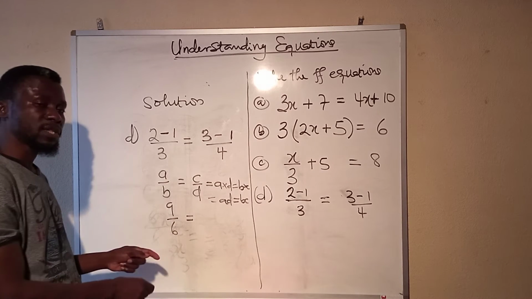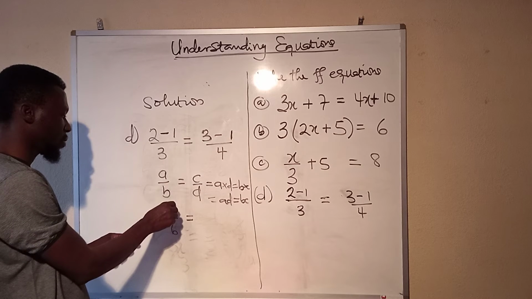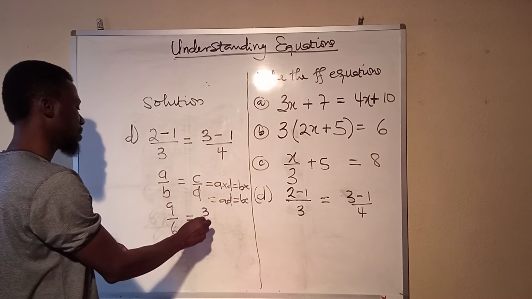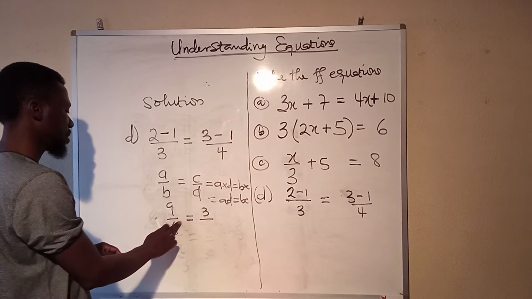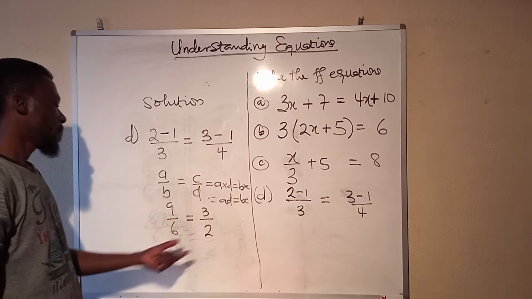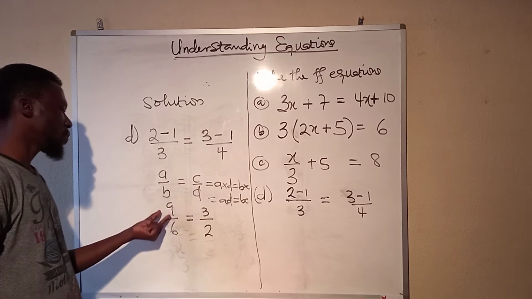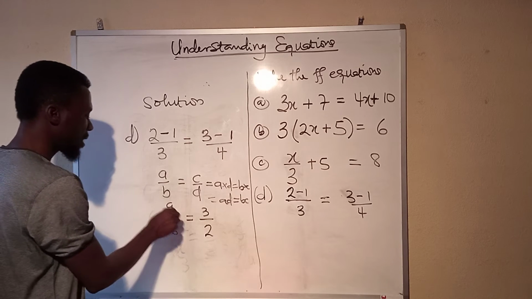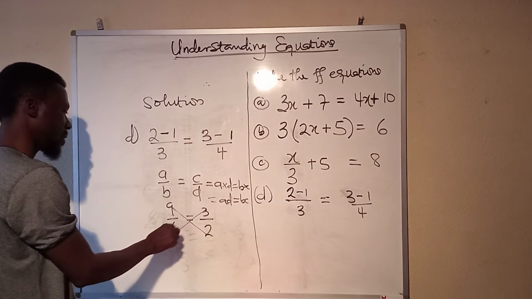Another name for 9 out of 6, writing it in the lowest form: 3 will go into 9, 3 times, over 3 will go into 6, 2 times. So I'm saying that 3 over 2 is equal to 9 over 6. If it is true, then it means that 9 times 2 will give me 6 times 3.